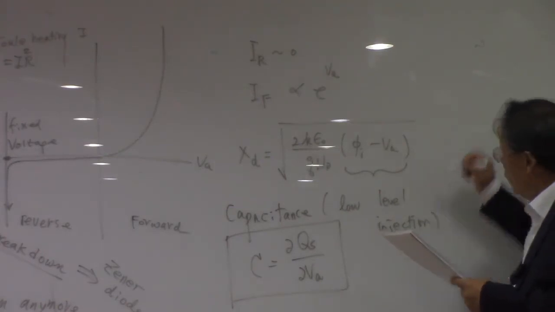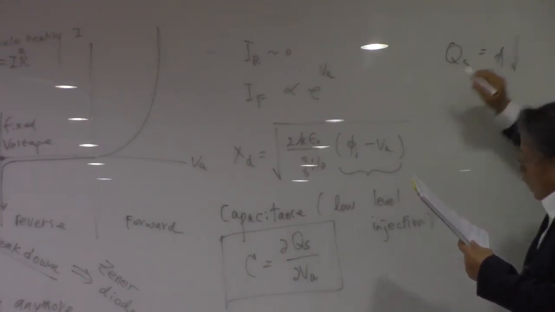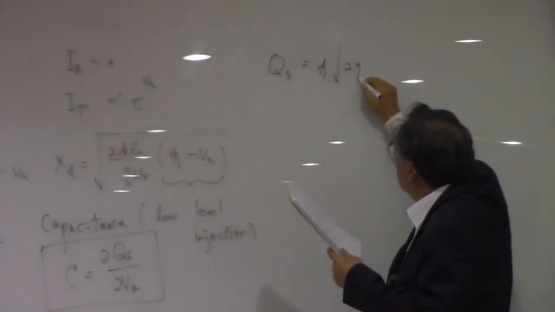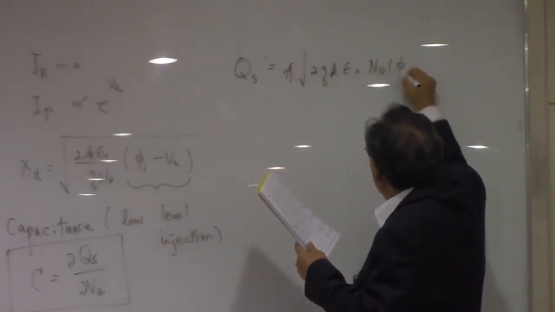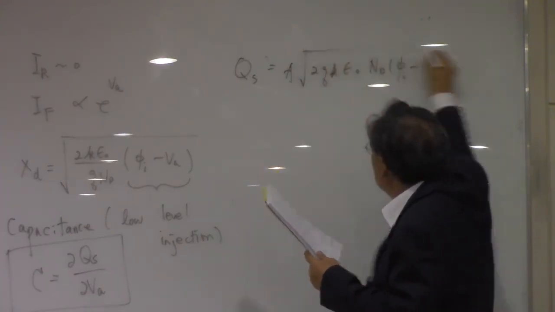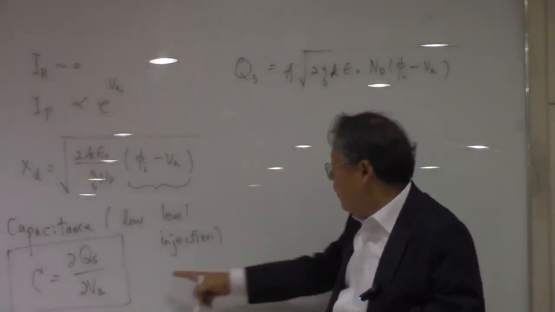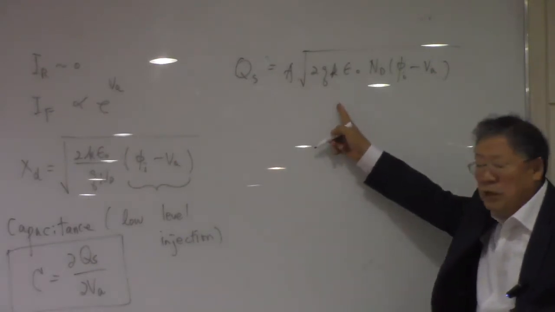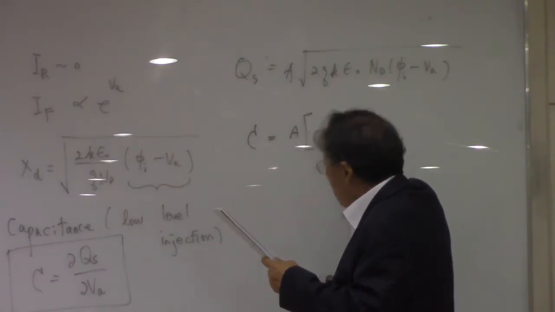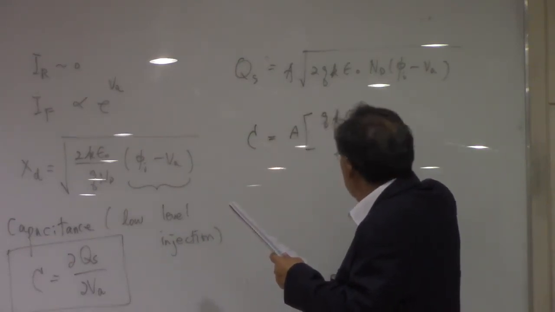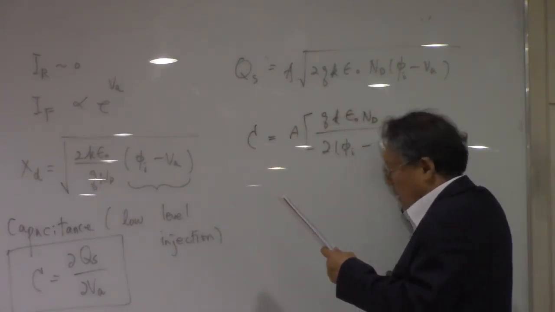That's what you're going to do. So say these charges in this semiconductor part are going to be the square root of 2 q K epsilon naught ND (phi I minus VA) with the application of the voltages. It's going to be like this. So you make a first derivative of this equation with respect to VA, then you end up with the square root of q K epsilon naught ND over 2 (phi I minus VA).